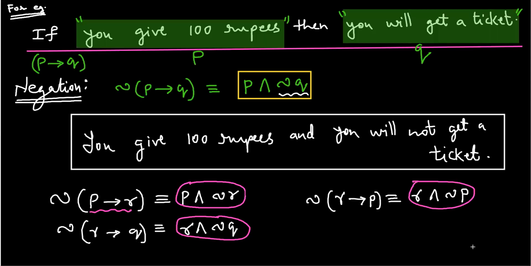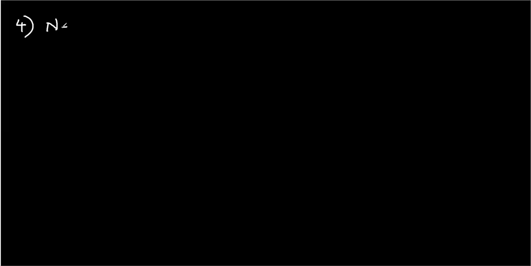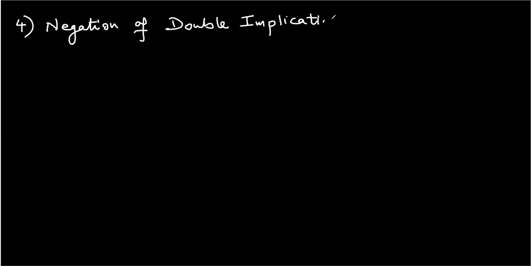After negation of implication, the next part, that is the fourth one, is negation of double implication, or negation of biconditional statements. So what is a double implication statement?